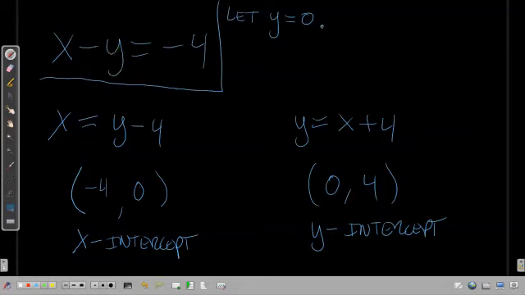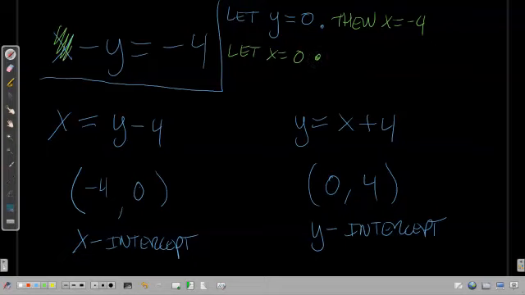It would just say x is minus 4. Or conversely, let x be equal to 0. Then you wouldn't have that part, and it would say minus y is equal to minus 4. Well, that just means that y is 4.